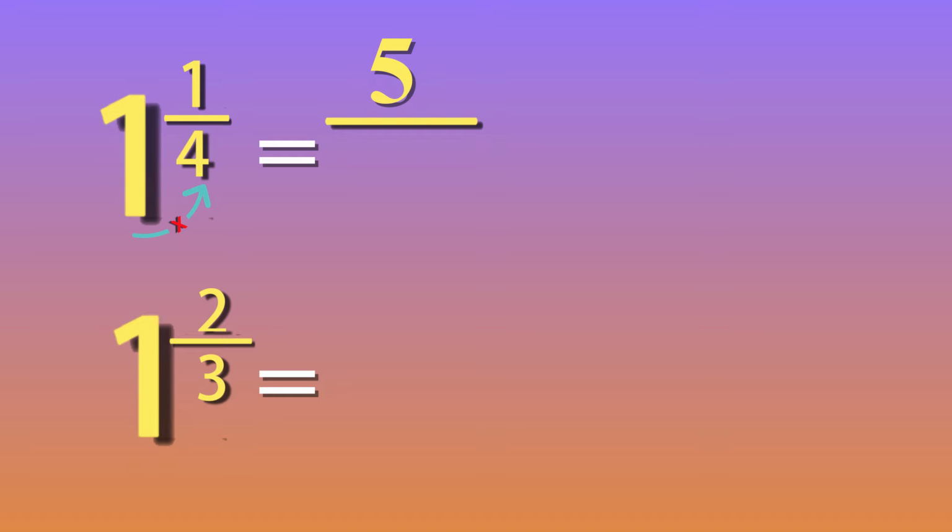Finally, we bring the denominator to the right hand side, or a copy of it to the right hand side, where it continues to be a denominator. So now we have the improper fraction 5 over 4.